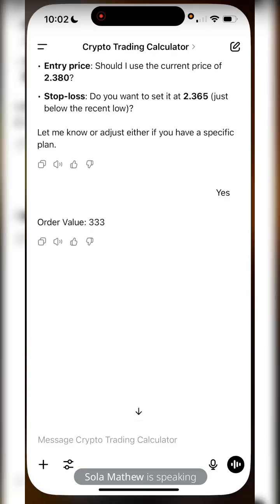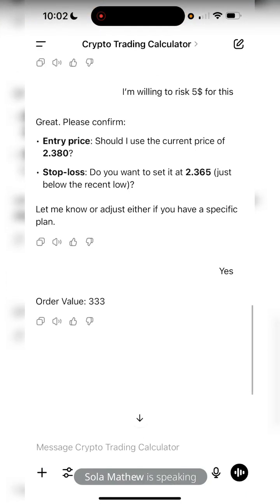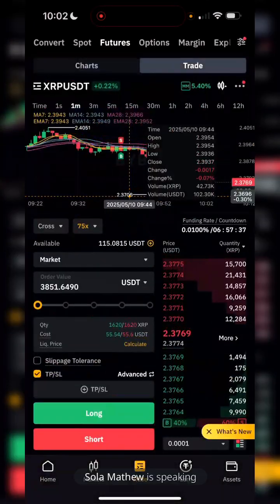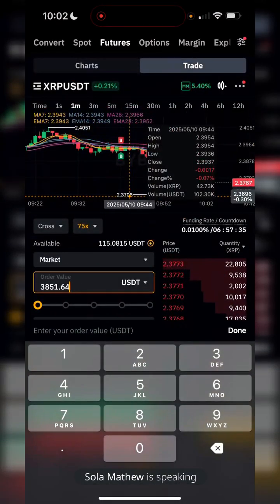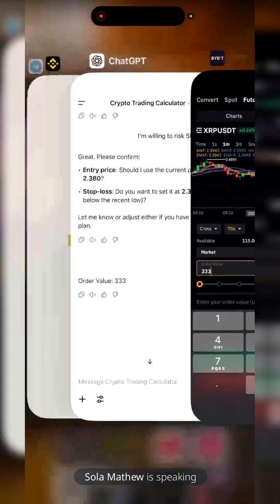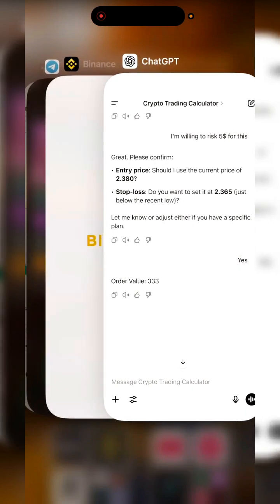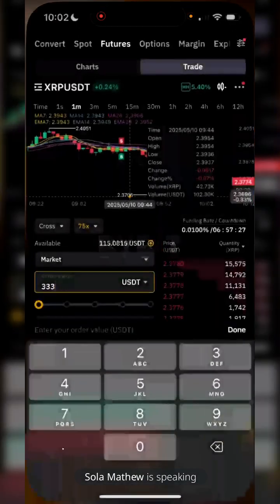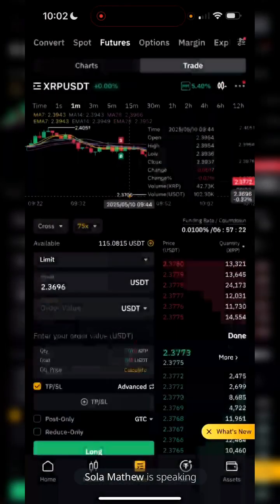Value 333. So if I want to enter this trade at 3.380 now, I can just come to long. So the other value is what? 333, right? Yeah, 333. Then entry, remember it is limit.